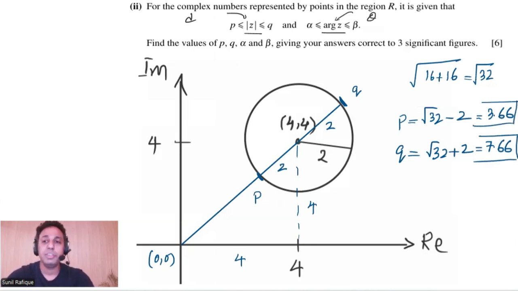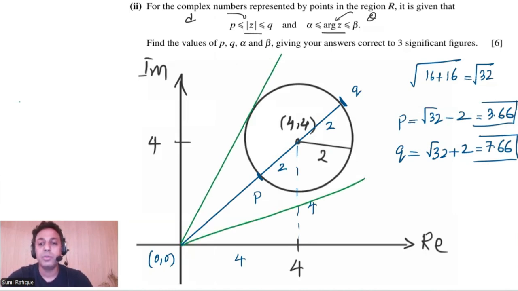Now there is another thing which is required. It's a 6-mark question. I need the angle from the origin, the maximum possibility of that angle and the minimum possibility of that angle. So let me just make the angle like a tangent. So this is going to be the maximum angle. And this one is going to be the minimum angle. So make sure you take notes on that because these questions become harder if you don't understand how to do it.